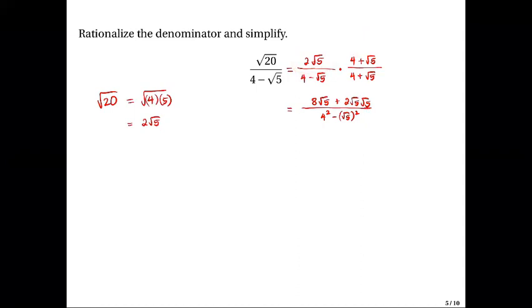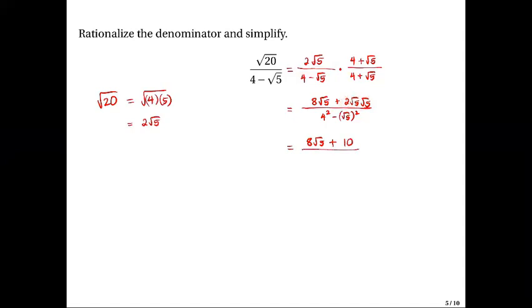And of course, square root of 5 times square root of 5, that's just square root of 5 squared. And square root of 5 squared, that's 5. So in the numerator, you will have 8 square root of 5 plus, for this, square root of 5 times square root of 5 is 5, and you have times 2 here. So you will have 10.